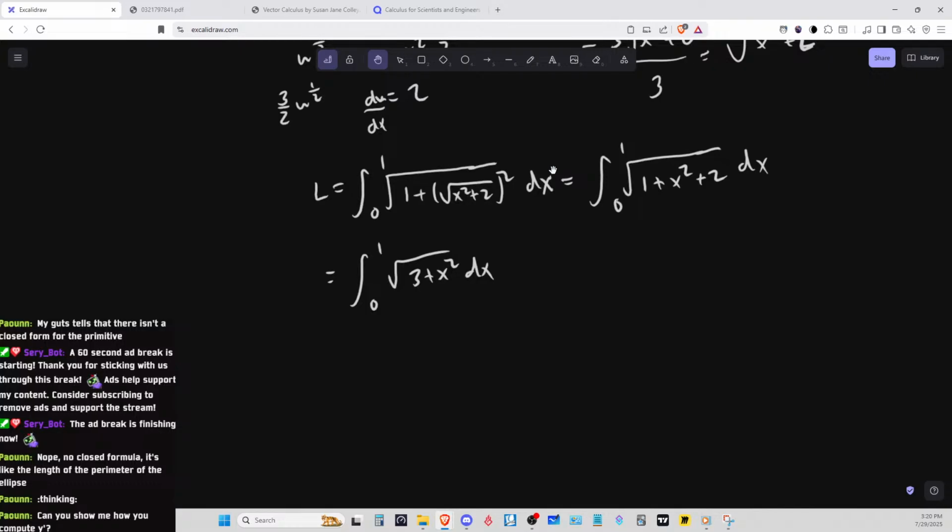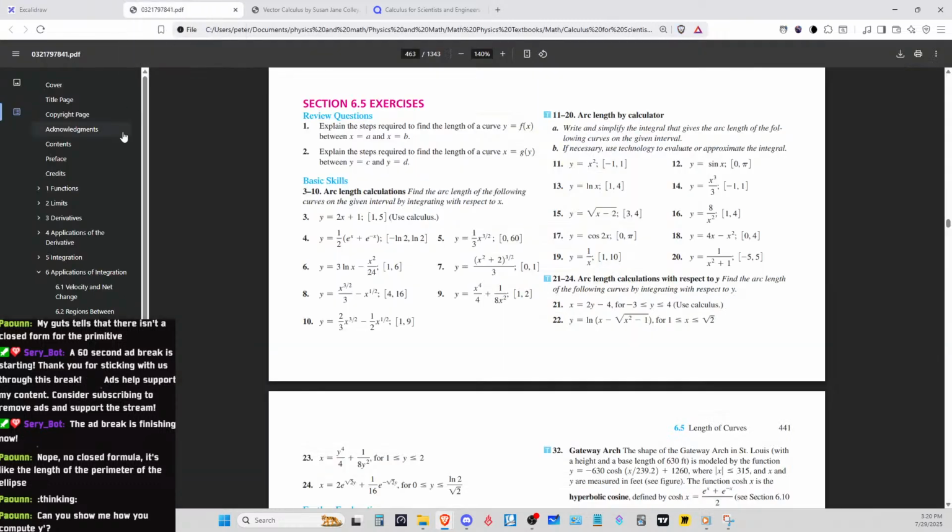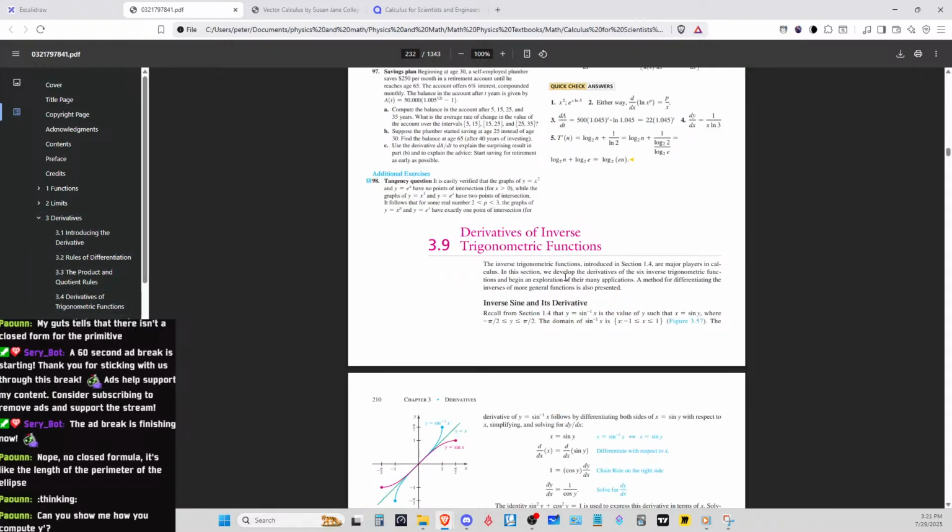But like the inverse derivatives. So let me see here. Let's see here.